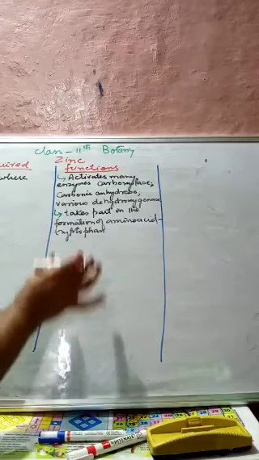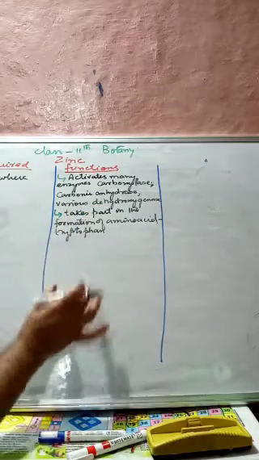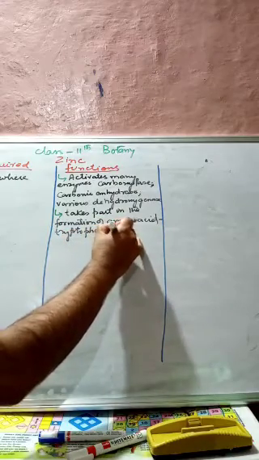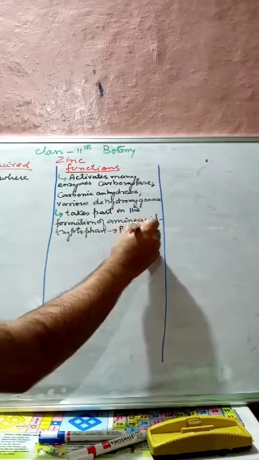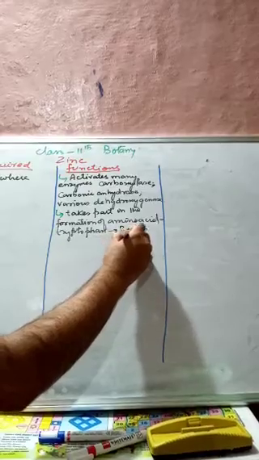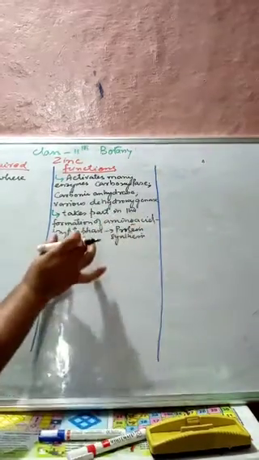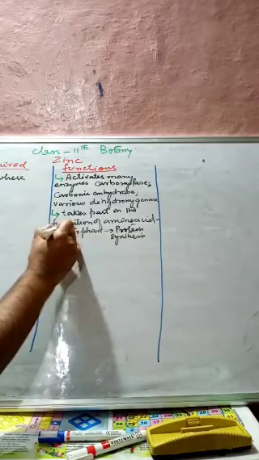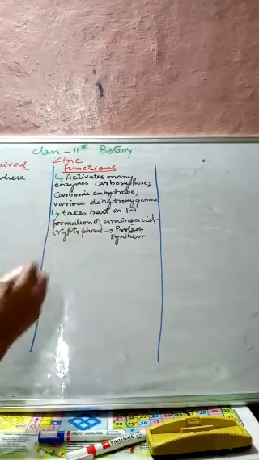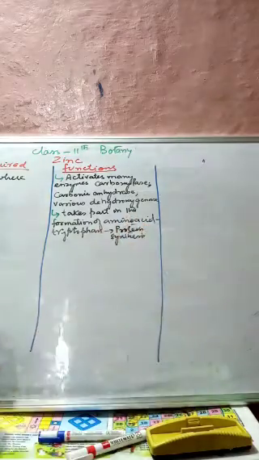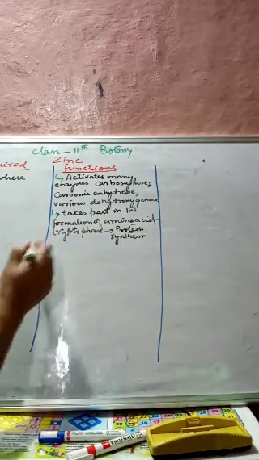It is an important amino acid, and it plays an important part in protein synthesis. So this zinc plays an important part in the formation of tryptophan, and this tryptophan takes an important part in protein synthesis.